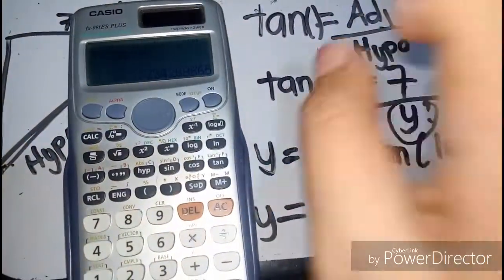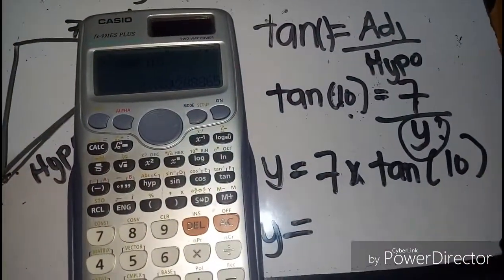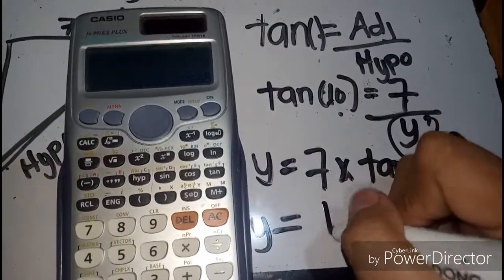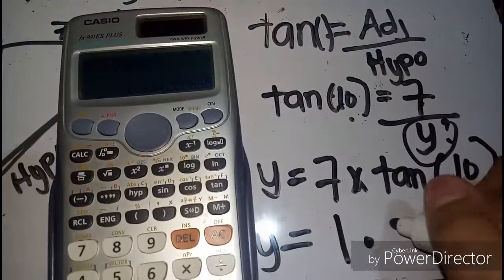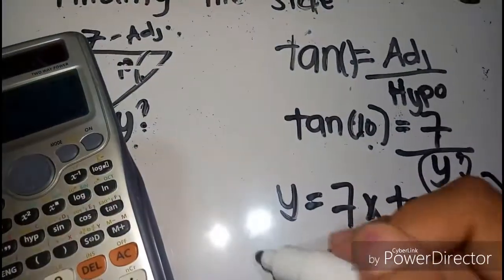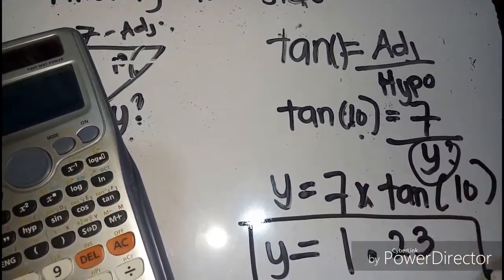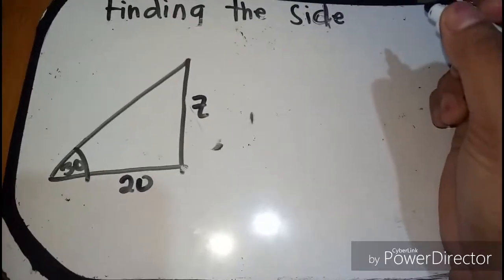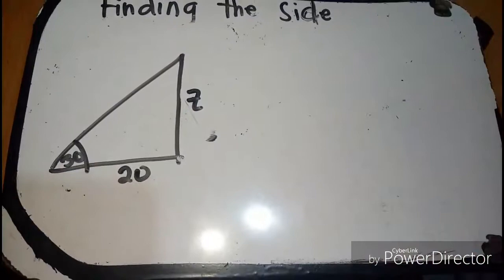We're going to use 2 decimal places for the answer, so it will be 1.23. So this is our hypotenuse.